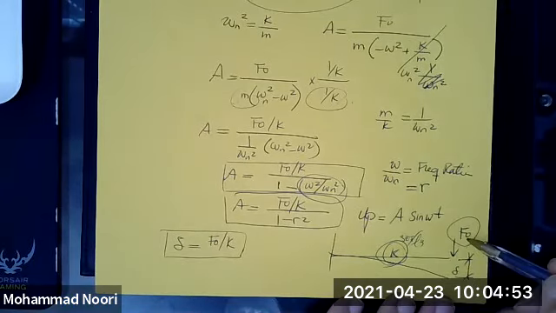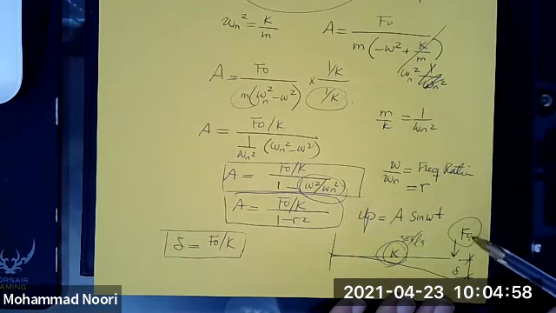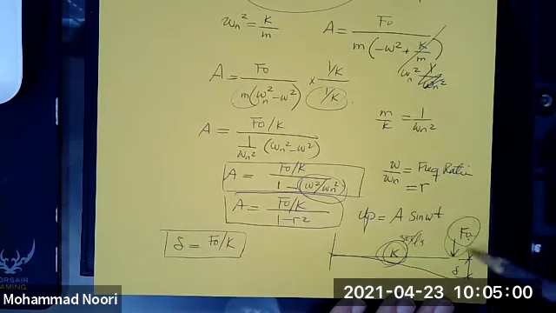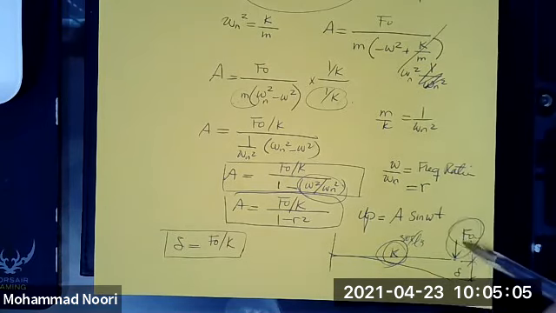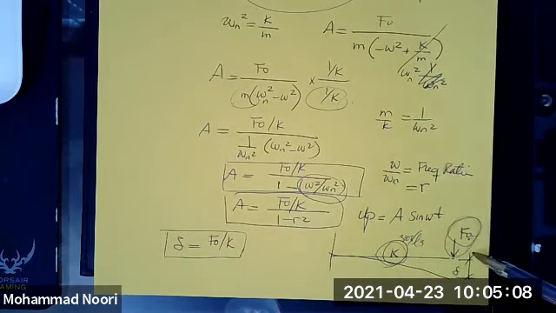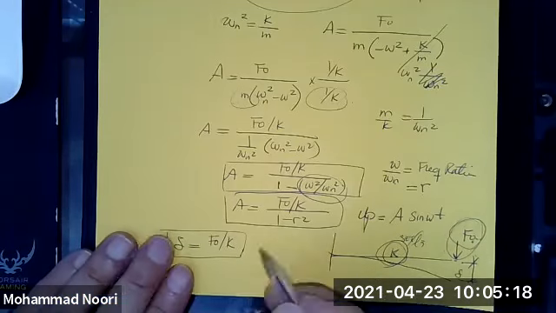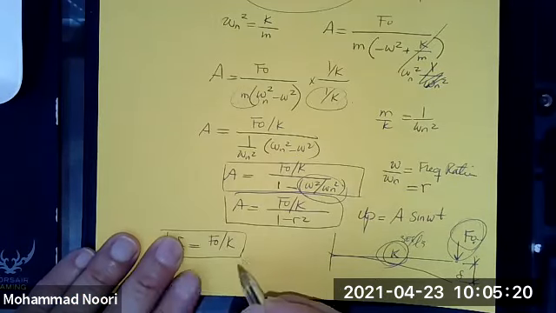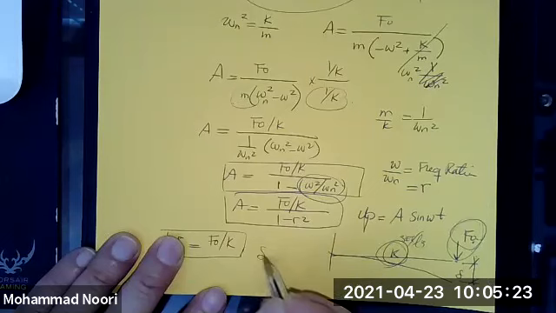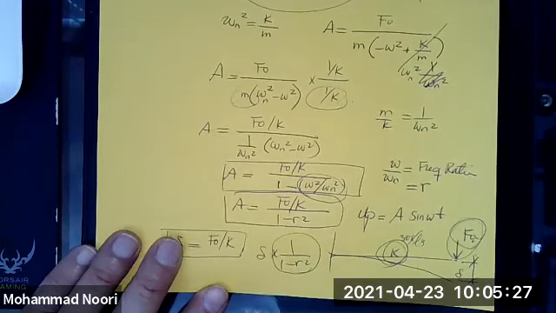Now, if instead of F naught, which is a constant force, I have F naught sine omega t. In other words, instead of this forcing function, I have a forcing function whose magnitude is the same value, but is sinusoidal. Due to the repetitive or harmonic nature of that force, what happens? Displacement now becomes what? That delta times 1 over 1 minus r squared, right?